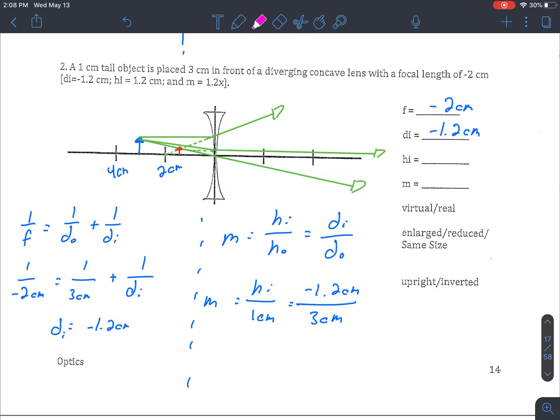So we can plug this in to get our magnification if we wanted, which would be not what is on the MacPack. These answers are wrong. Typos there. So the magnification would be 0.4 times, right? And you feel free to put that negative in there to show it's smaller, but I don't think you really need to because it is 0.4.